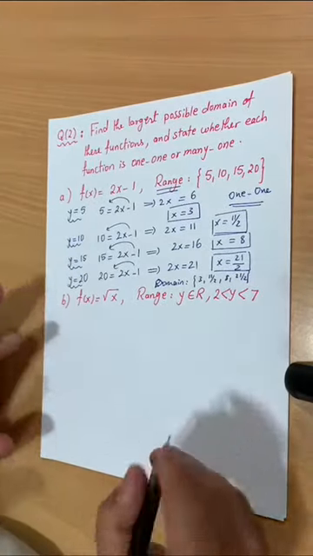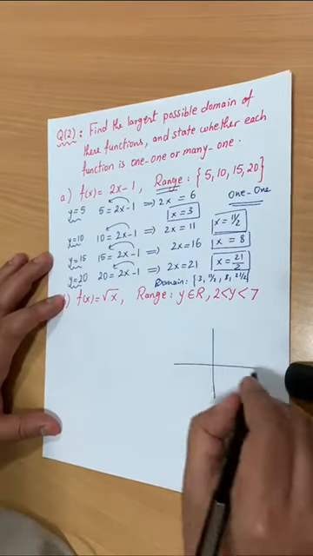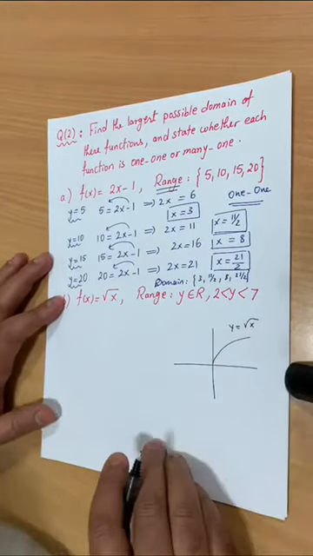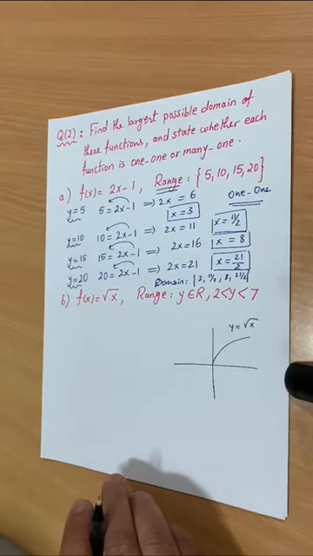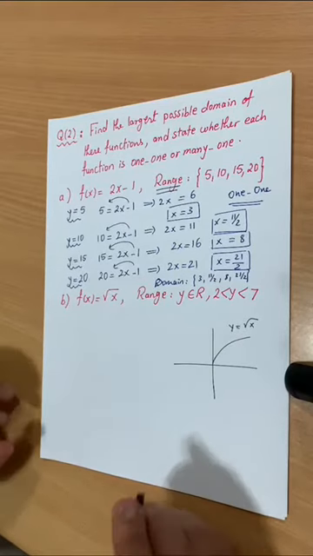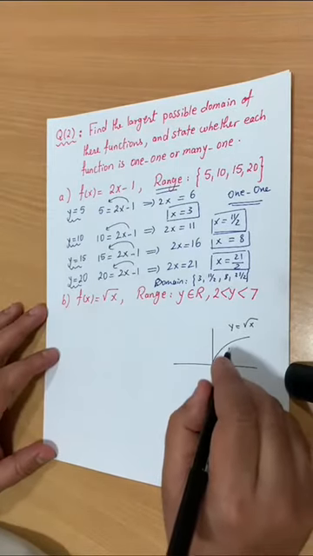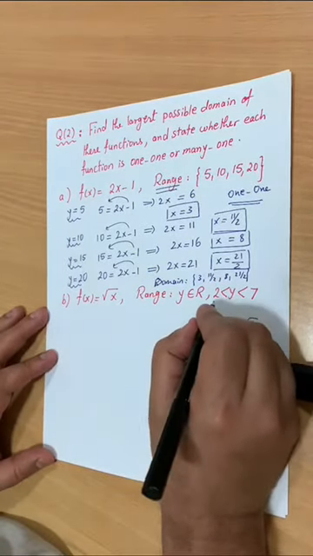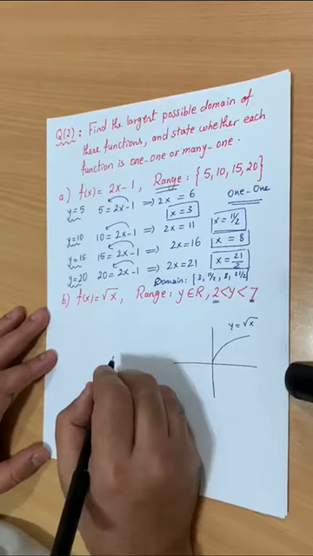Root of x. The square root is represented like this: y equals root of x. And we represented it before. Each x value will give you only one y value. Let's see that. This is the range, least value 2, highest value 7.